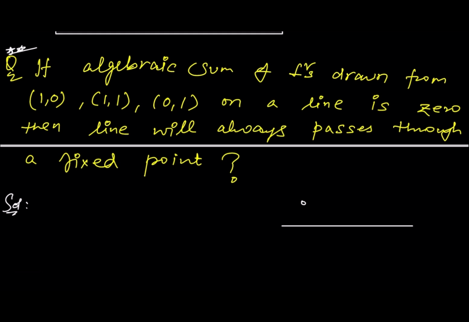In this case, say A is (1, 0) and this perpendicular is P1, this is (1, 1), this is P2, and say this C is (0, 1), this is P3.